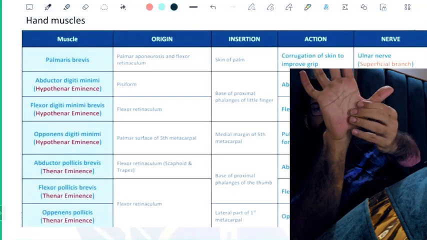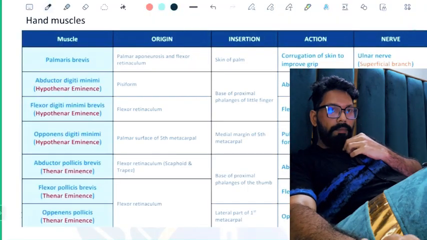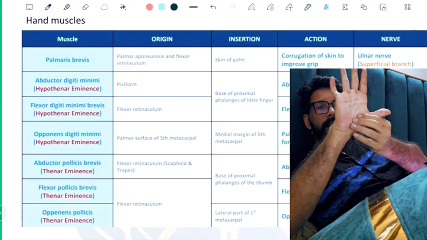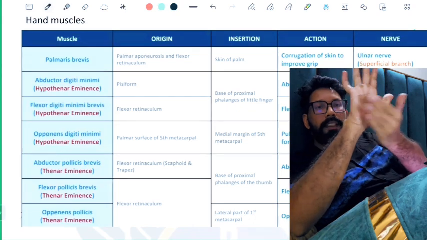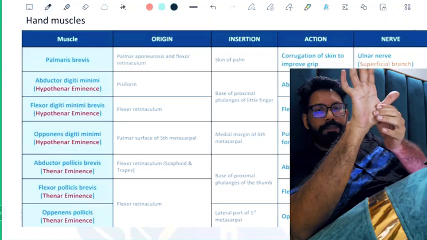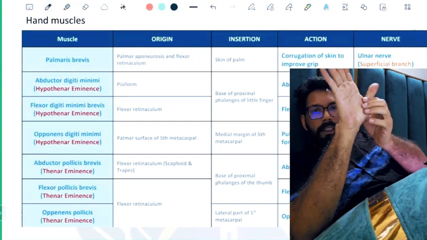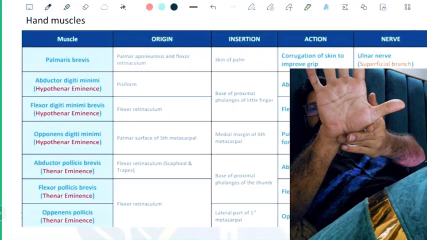So in the thenar eminence, we have three muscles: abductor pollicis brevis, flexor pollicis brevis, and opponens pollicis. And another one, that is adductor pollicis. This is supplied by the ulnar nerve.